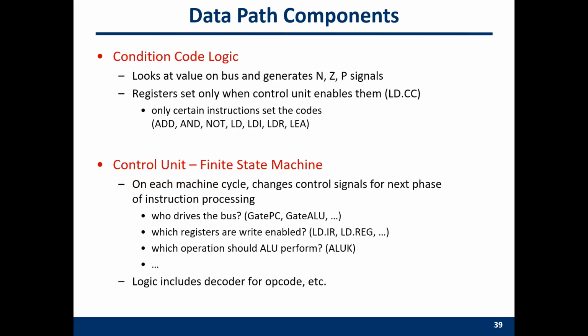In order to support the branch instruction, we have three registers: negative, zero, and positive. These three registers actually generate the control signal for the PC mask.